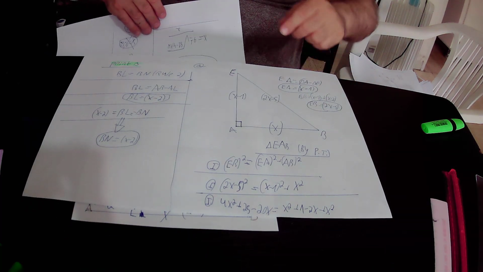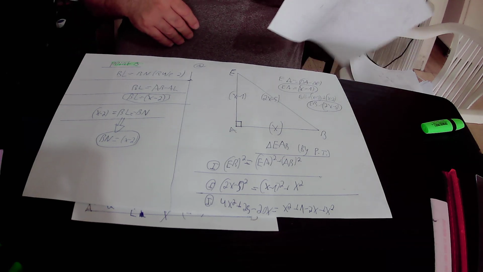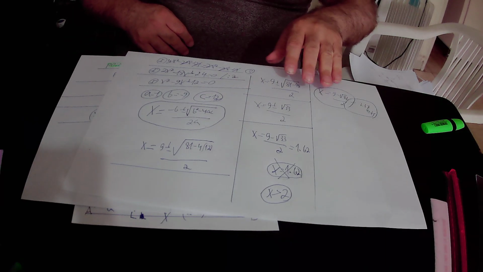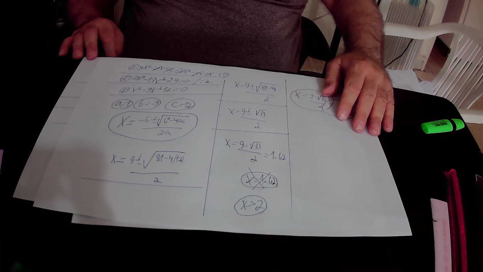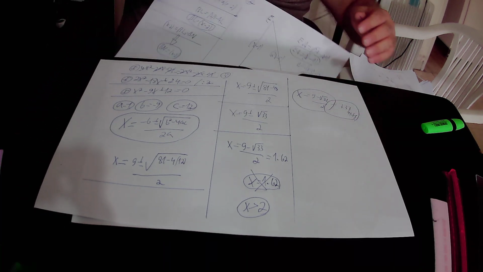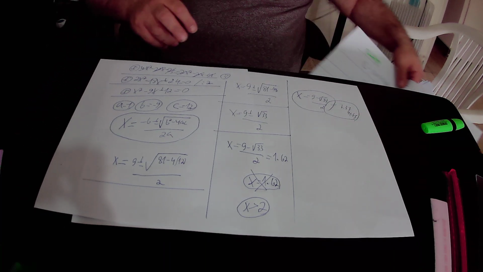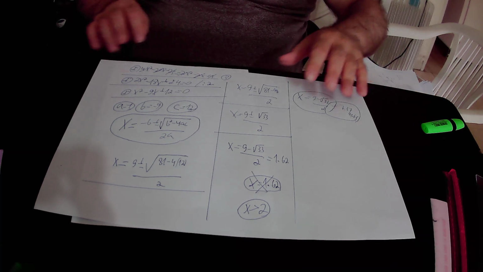So here we have, according to equation number 1, 4x squared minus 20x plus 25 equals 2x squared minus 2x plus 1.